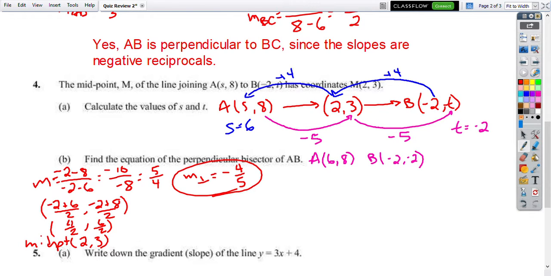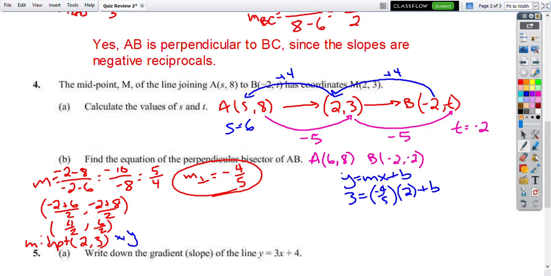And now we're going to plug in. So I take my equation, y equals mx plus b. I substitute in the x and y here from my point. 3 equals slope, negative 4/5, times x, which is 2, plus b. So 2 times negative 4/5, get a calculator for this if you want to, is negative 1.6, which is also negative 8/5.